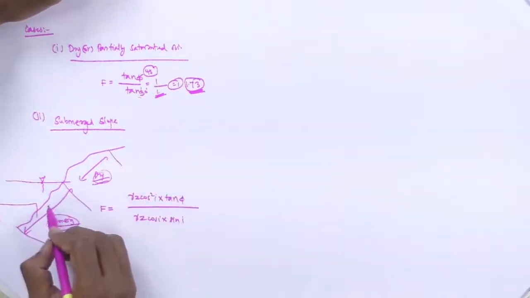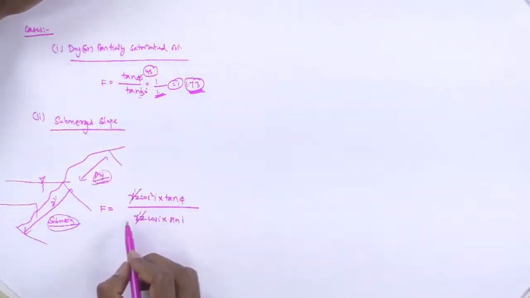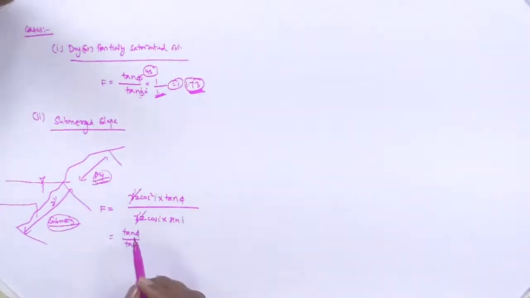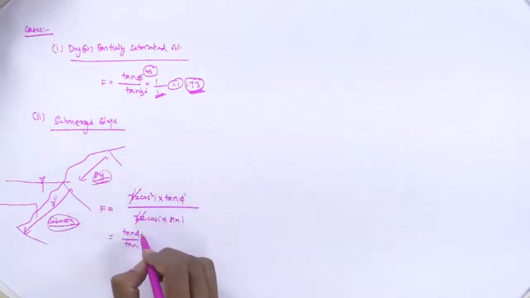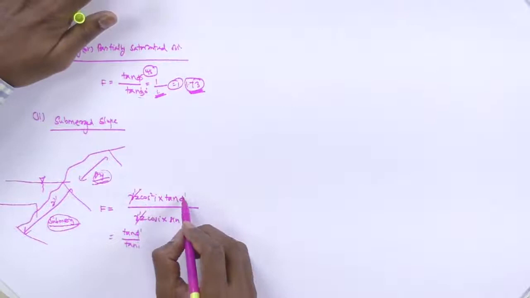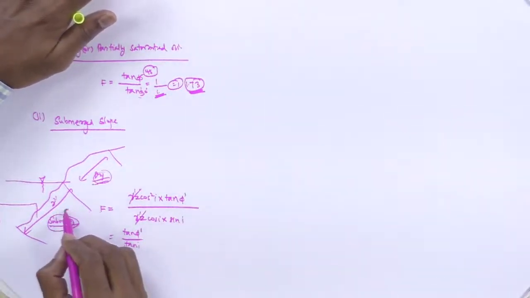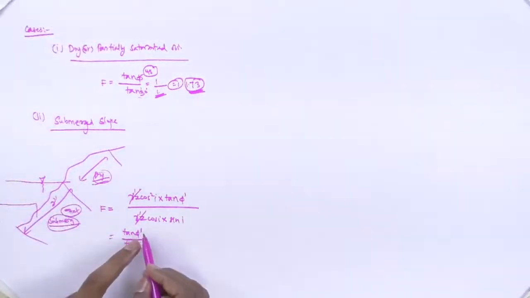The submerged slope has a unit weight of gamma dash. Just replace gamma dash on both sides, so this gets cancelled. I get tan phi divided by tan I, the same. It doesn't change anything. But instead of phi, I am going to put phi dash, because the effective stress principle is going to work here. That is why I have to put phi dash.